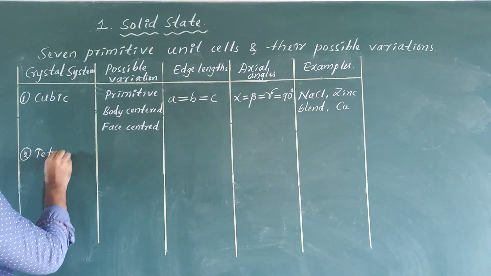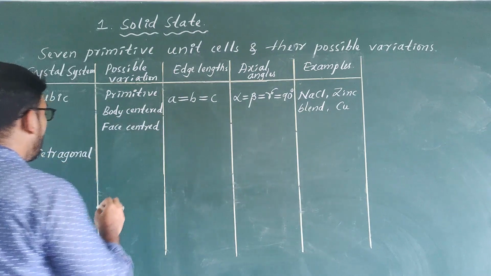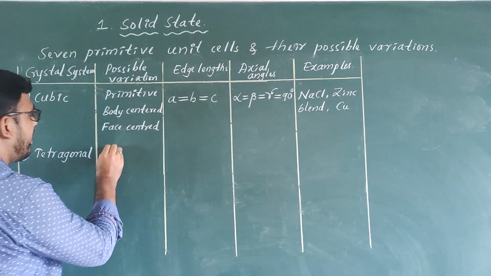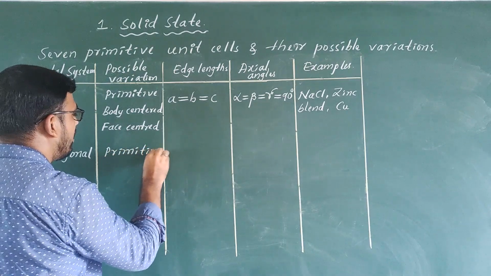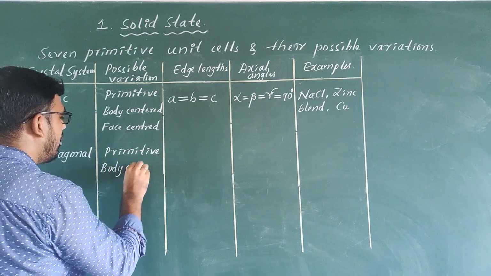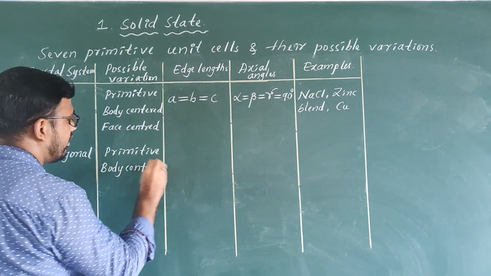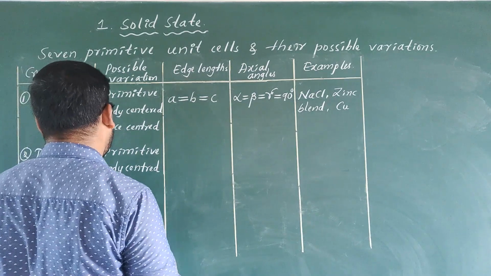Next moving to tetragonal. It shows only two possible variations. One is primitive, another one is body centered. What about the arrangement of edge lengths in this tetragonal?